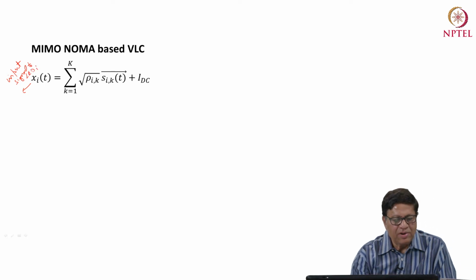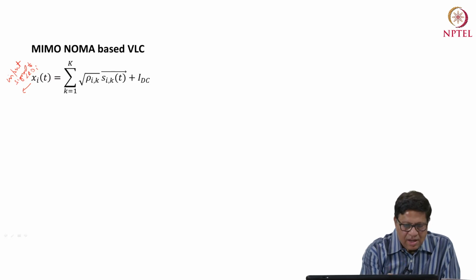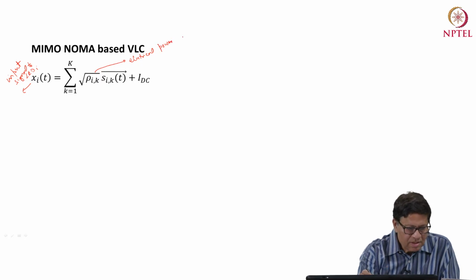So this i can be 1 or 2 in our case, and it is equal to the square root of rho_ik times s_ik(t), where rho_ik is the electrical power allocated to the kth user in the ith LED.